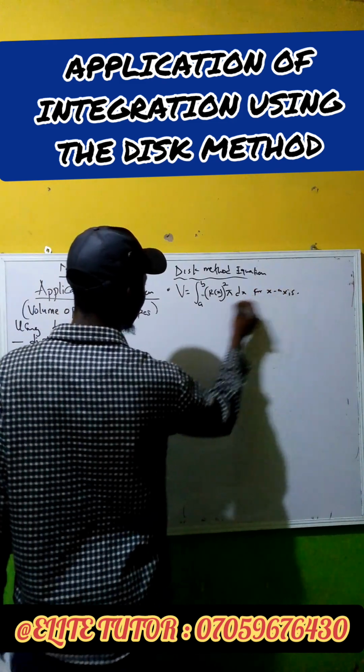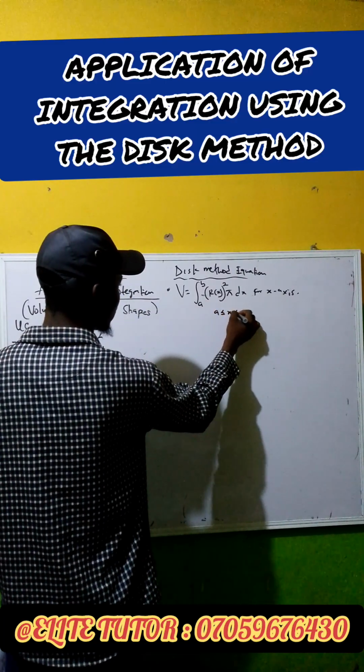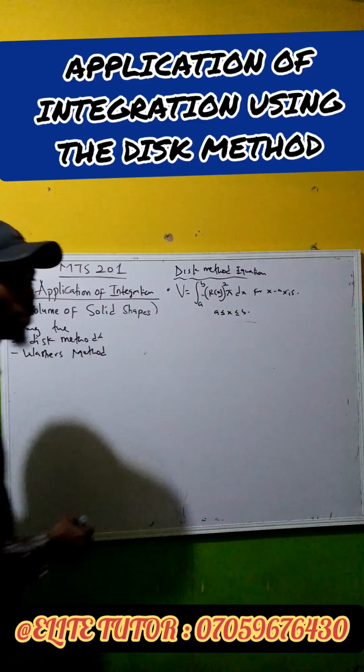This is for your x-axis, when your interval is ranging from a less than or equal to x less than or equal to b, depending on what you're having.